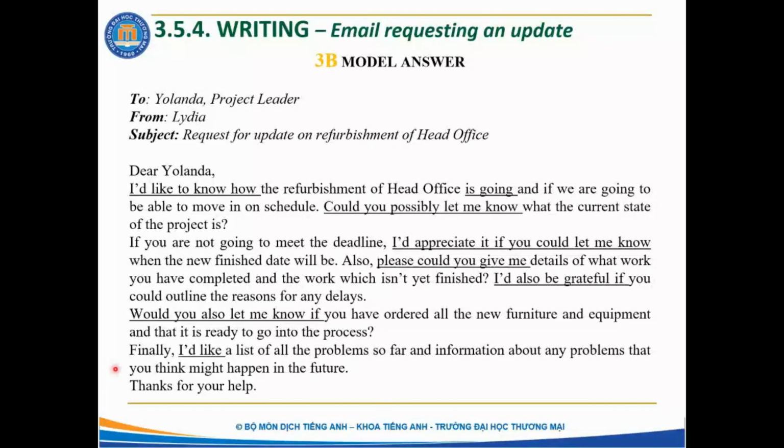Alright, so now please have a look again on the email and please pay attention to the language which is used to request an update. So you can see there are some phrases that are underlined here, like I'd like to know how it's going. Could you possibly let me know?